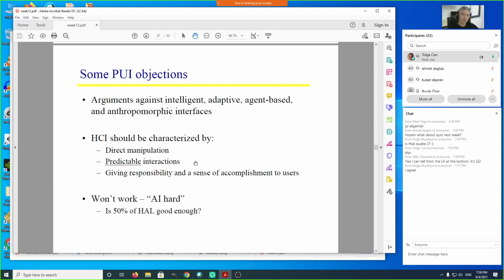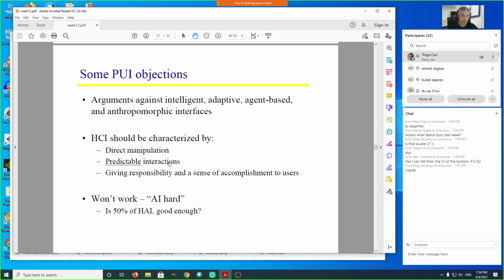So some human-computer interaction experts argue that efficient interfaces have to be deterministic and predictable, and direct manipulation is the key. Maybe that's why the desktop metaphor with keyboard and mouse has been around for 40 years, because it follows these characteristics.